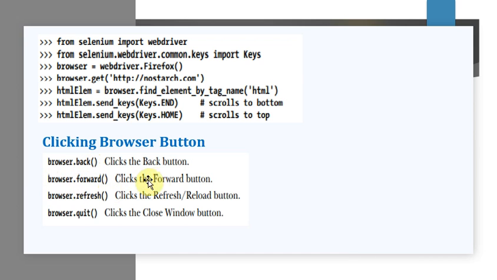Similarly, forward does the task of clicking the forward button, and refresh clicks the refresh or reload button. Finally, you have browser.quit, which does the task of, or another way you can say, clicks the close window button. So these are the different buttons that are available for us to do the task in the browser.